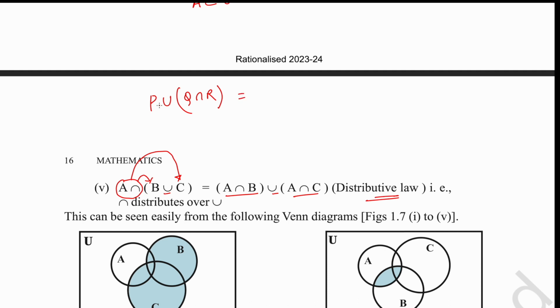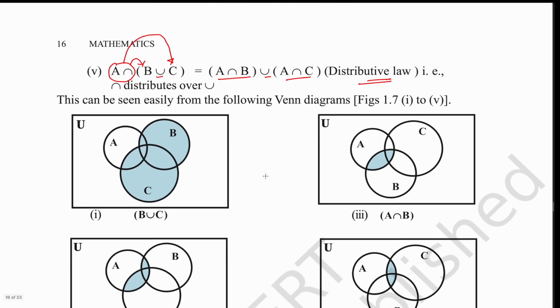So you will have P union Q, right? An intersection of P union R, right? So this intersection and union symbol can be interchanged with each other. Here we have distributed intersection over union. Here we have distributed union over intersection. So this is something that we should always keep in mind, right?